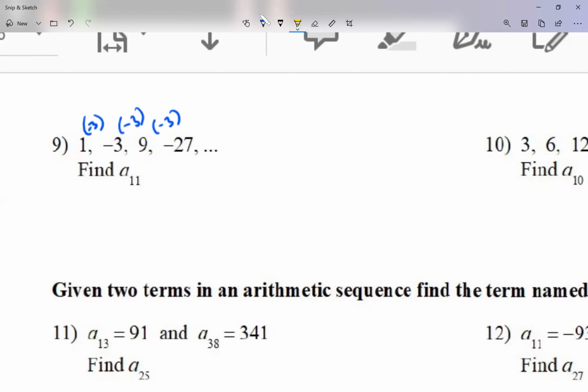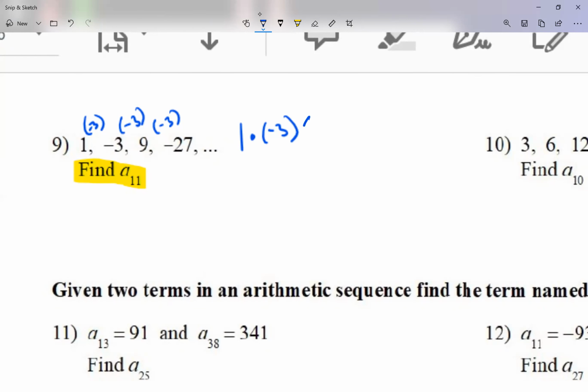I can ask you guys, I'm asking for the 11th number in the list. I gave you 4 numbers, right? You can find the 5th, the 6th, the 7th, the 8th, all the way to 11. You always multiply by negative 3 in this case to get the next number. Or I'm just going to say, okay, I'm going to start with 1. That's my first number. And I'm going to multiply by negative 3 so many times. In this case, I'm going to have to multiply by negative 3 10 times, because it's 1 less.